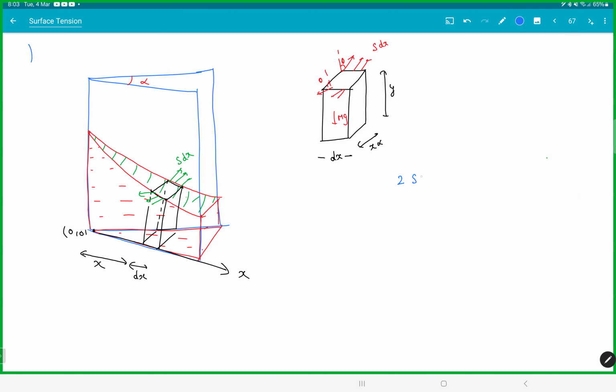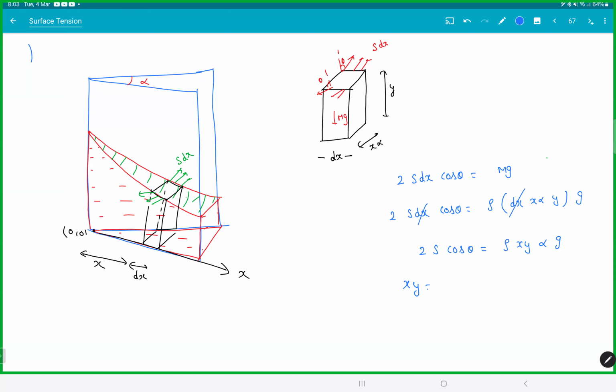So 2 times S dx cos theta is balancing the mg of this small piece. mg of this small piece is density, and the volume of this is dx, x alpha into y, into g. dx goes off. You end up with 2S cos theta is rho x y alpha g.